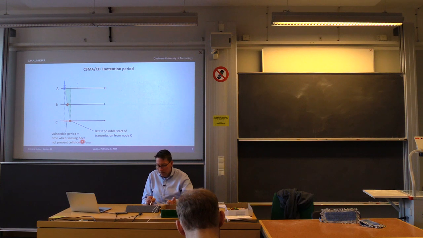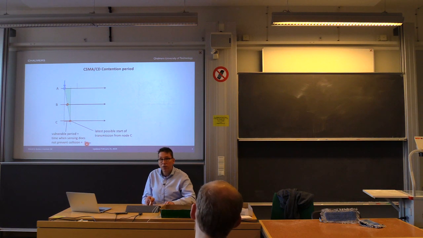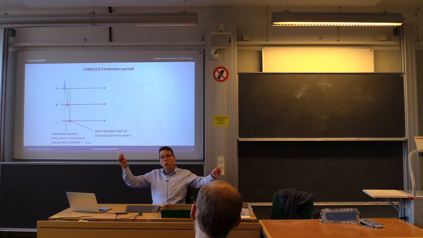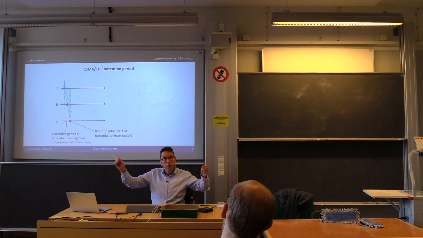It's the time when sensing does not prevent a collision, and this time is equal to t prop, the propagation time from A to C, the longest propagation time, since A and C are the physically most distant nodes in this network.